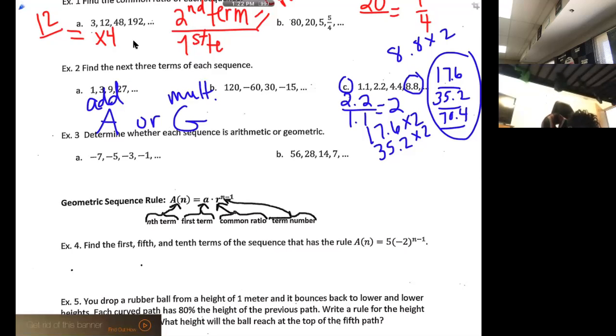So, letter A, is that a geometric sequence or an arithmetic sequence? Okay, everybody should have an A or a G. So let's do this. A or G? Oh, way to cheat, guys. Dustin, you have to have some kind of an idea.